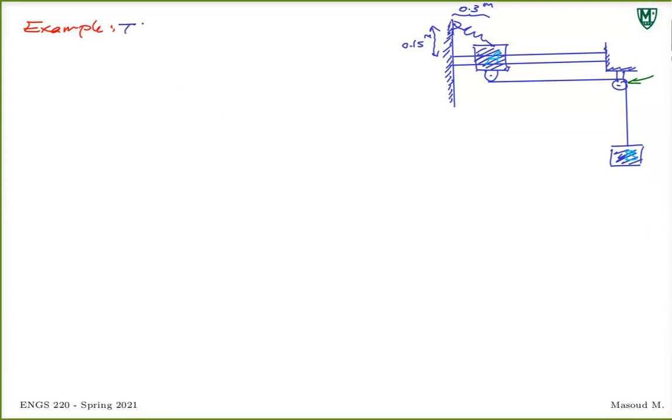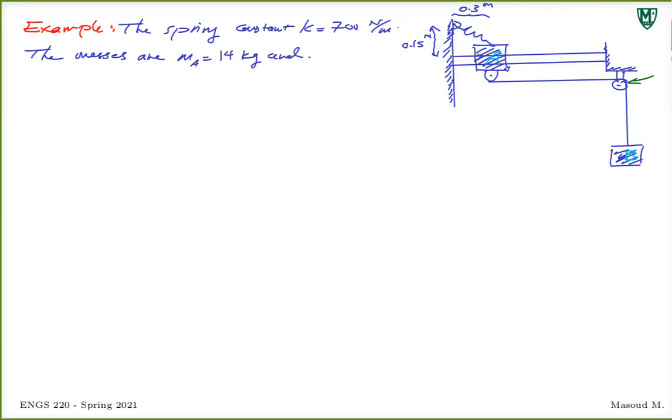What are we told? We are told that the spring constant, spring stiffness, is K, 700 Newton per meter. The masses are MA is 14 kilograms, and MB is 18 kilograms.